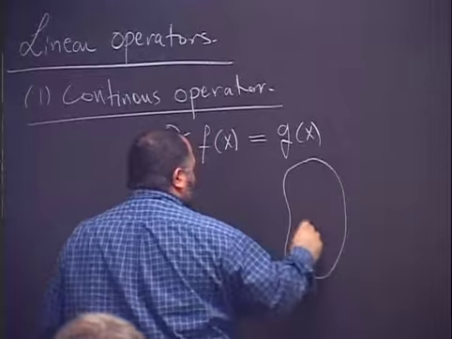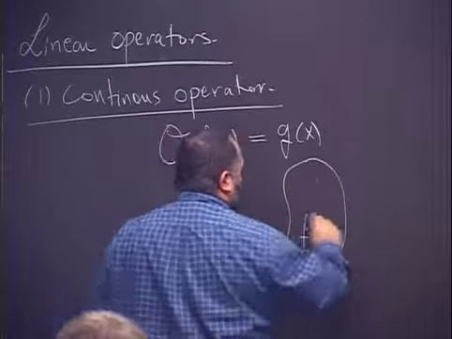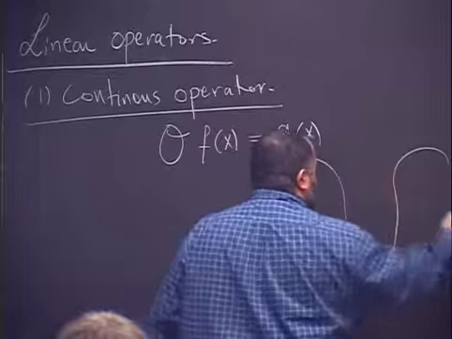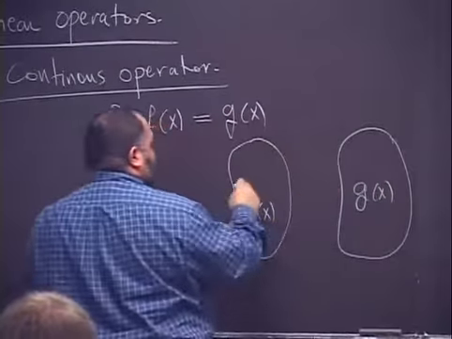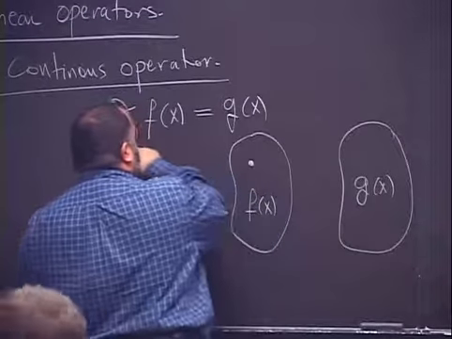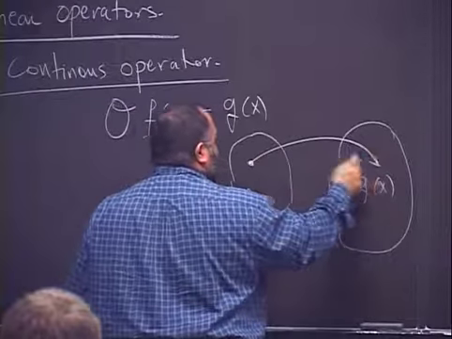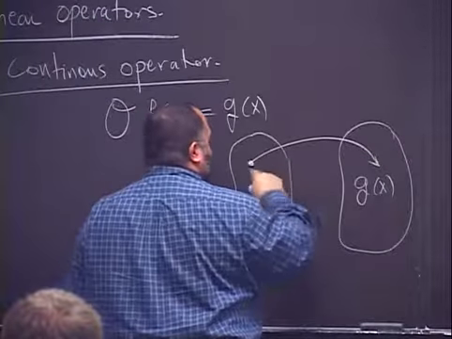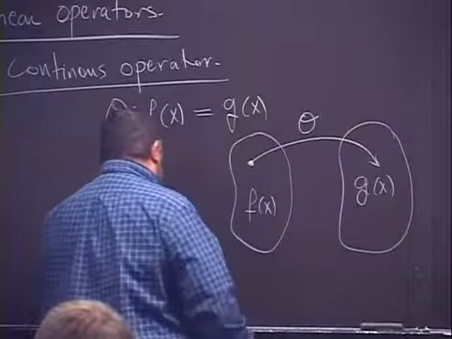If you have a domain where f of x is defined, and another domain where g of x is defined, and you operate the operator O over f of x, you will map some point from this domain to that domain. So this is just using the operator O.